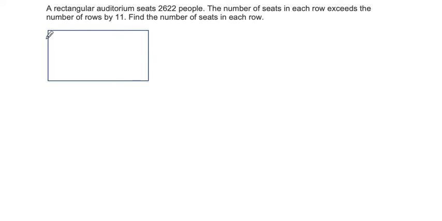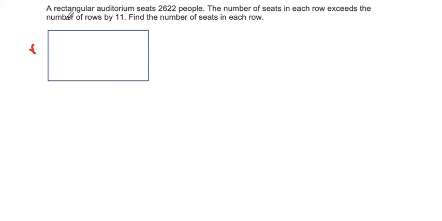So if we have the different rows going across this way, these would be the rows. I'm just going to put R because we don't know how many rows there are, and we're going to use this variable R to figure out the problem.